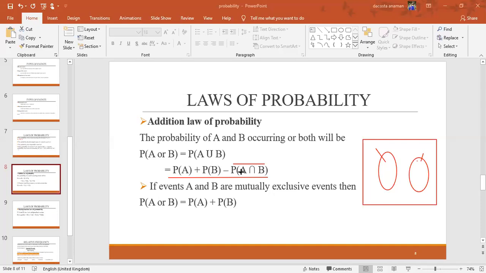Because if the intersection is occurring, it means A is occurring and B is occurring at the same time in the middle. Is that okay? But if A and B are mutually exclusive, if A is occurring, B is not occurring. If B is occurring, A is not occurring. Therefore, that intersection, that's minus P of A intersection B, will not occur. That is what we mean by mutually exclusive. So P of A or B will be equal to P of A plus P of B. Any question?